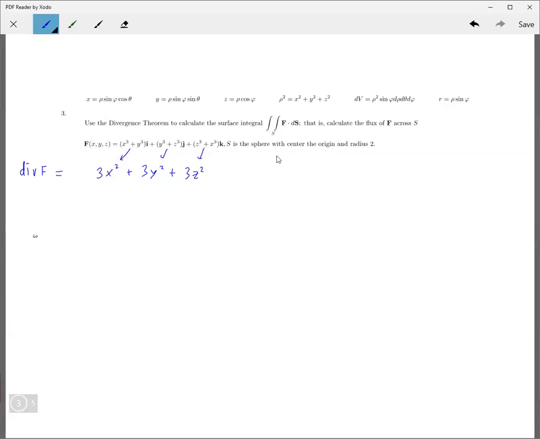Okay, S is the sphere. So essentially the integral that we're looking at is this integral over some 3-dimensional region of 3 times x squared plus y squared plus z squared dv.